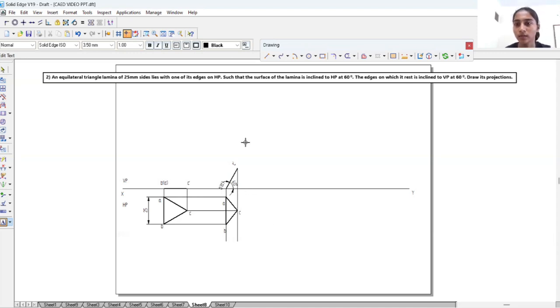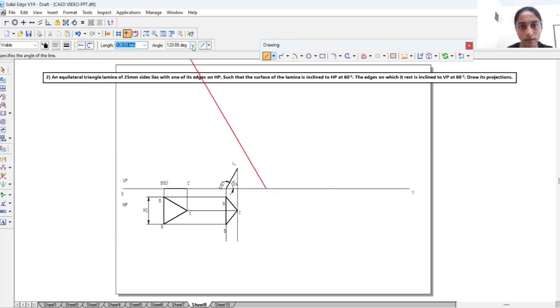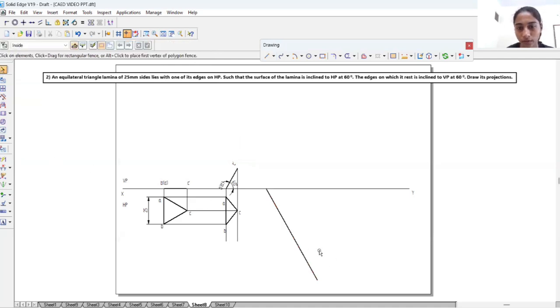Next they have given that the edge on which it rests is inclined to VP at 60 degrees. So we will take the line option again and draw a line here at an angle of 60 degrees. Minus 60 degrees we will give because it is below the XY line. Its thickness should be 0.13 mm.